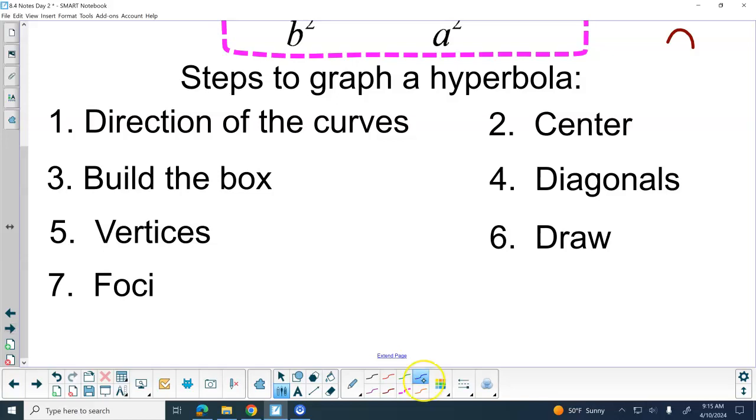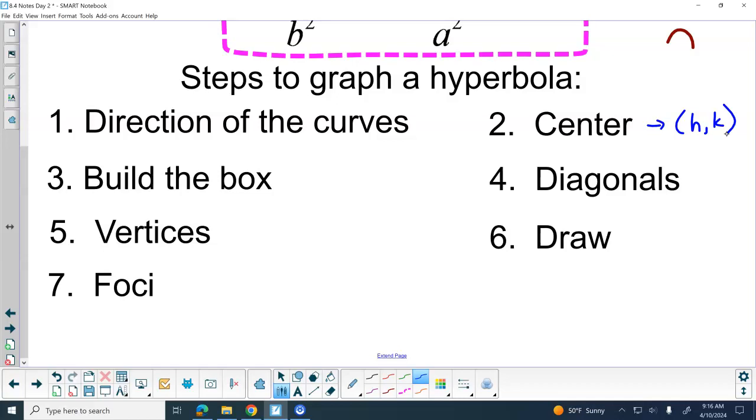Second step was we need to find the center, and the center is going to be at h comma k, like it has been with, we didn't really call it a center in parabolas, but we called it the vertex. We called it the center in the circle, and we called it the center of the ellipse. All of those were h comma k, kind of like your starting point.